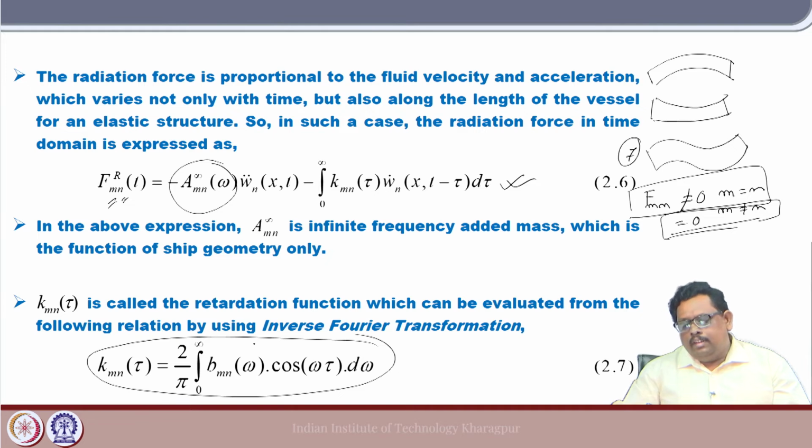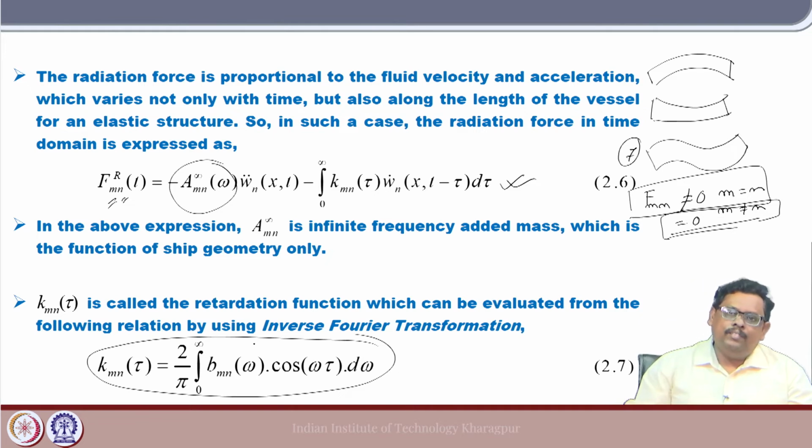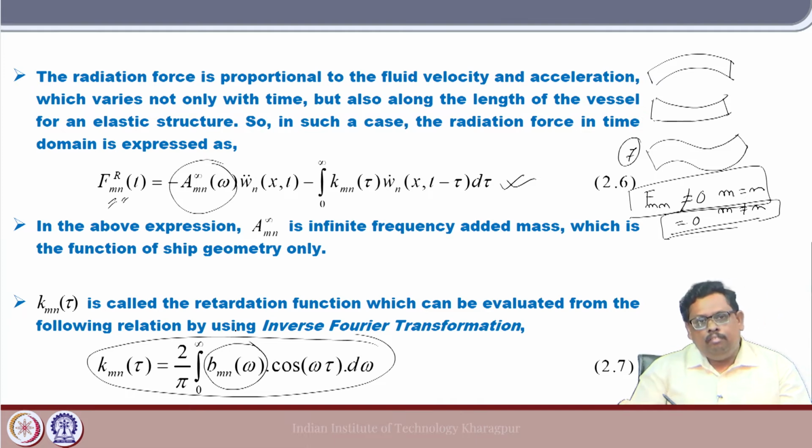Now, here we do not have much time to discuss how we could get this added mass and damping value in the frequency domain for the flexible structure. But at least for the barge there are some results available in the literature.